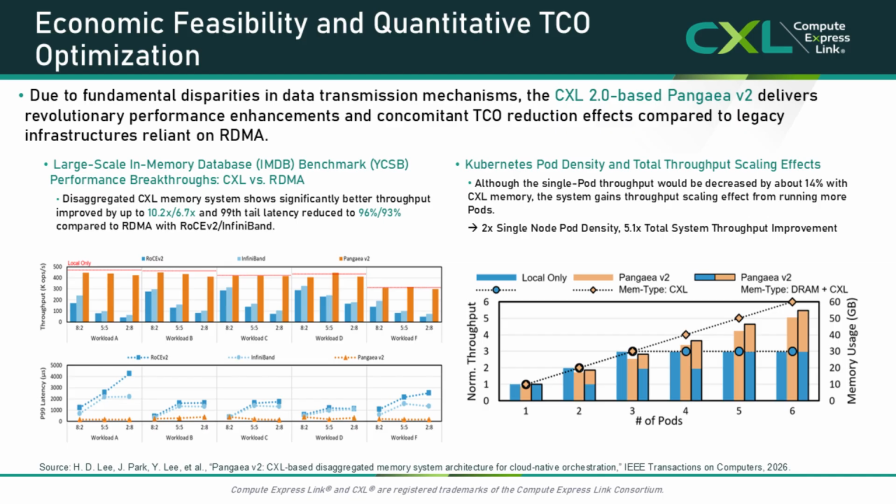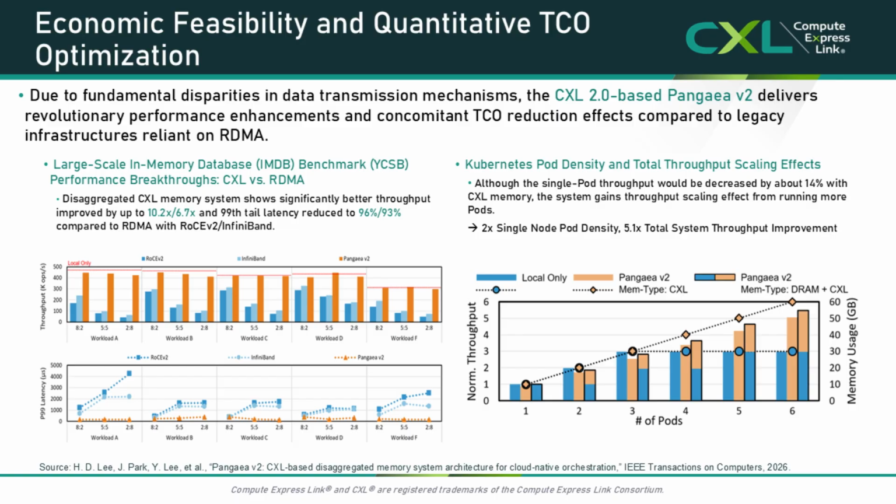From the perspective of the enterprise data center and the OEM customer, the tangible financial cost reduction impact lies in the capability to maximize Kubernetes pod density within a single server.